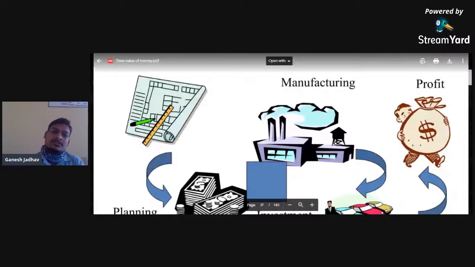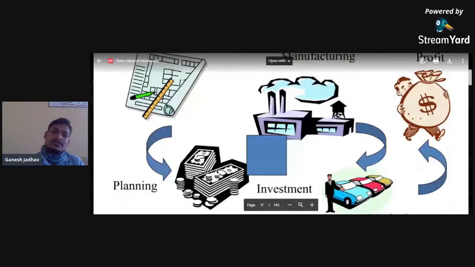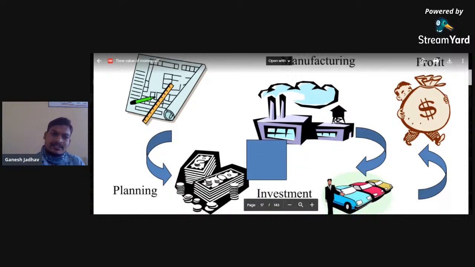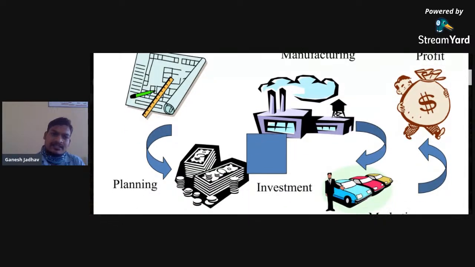So this is the planning. The first or primary step is that we need to plan for the future work. Another one, we need to take the decision about the investment of money on the particular engineering product. So this is the investment.